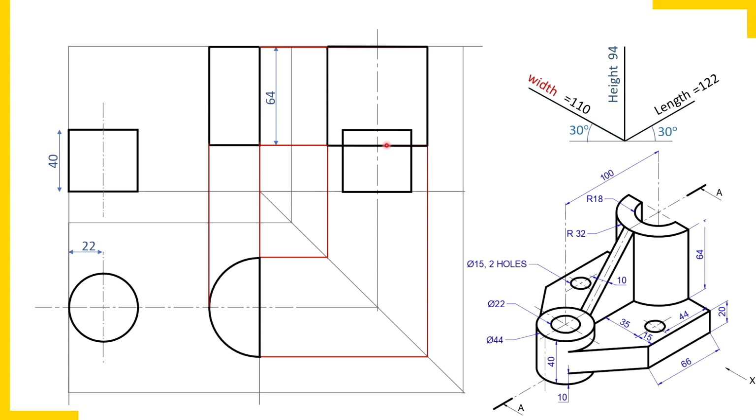But in the side view, this is the side view of the cylinder and this is the side view of the semi-cylinder, and there is overlap. Have you noticed? Side views of these portions are overlapping, and that is why we'll have to check which portion is nearer to the observer. Where is the observer? This is the side view and it is the left side view. So the observer is watching from the left side.